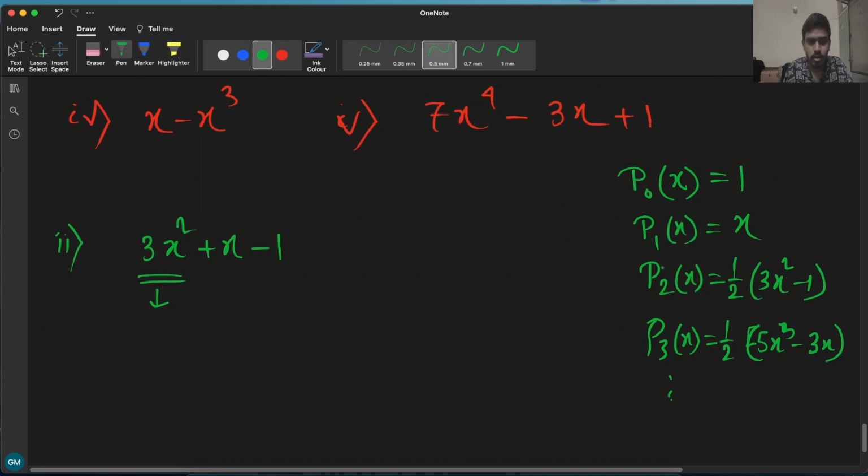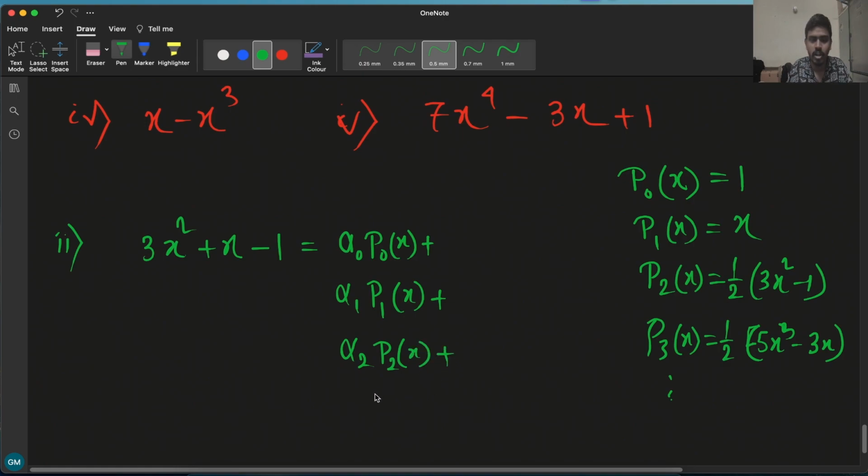In this function, x has a maximum power of 2, so you should write it as a linear combination of α0 P0(x) plus α1 P1(x) plus α2 P2(x).